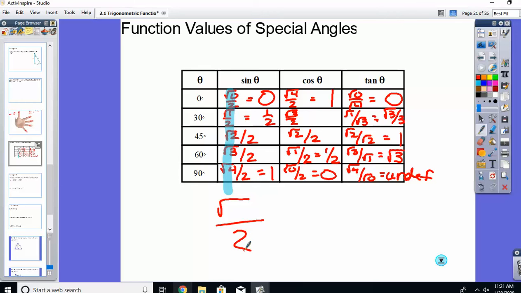So sine of 0 has to equal the cosine of 90. Sine of 30 is equal to cosine of 60. Sine and cosine of 45 are equal. Tangent is just sine over cosine. 0 over 1 is 0. 1/2 divided by radical 3 over 2. It's radical 3 over 3. So there are lots of patterns going on here. Do you have questions?